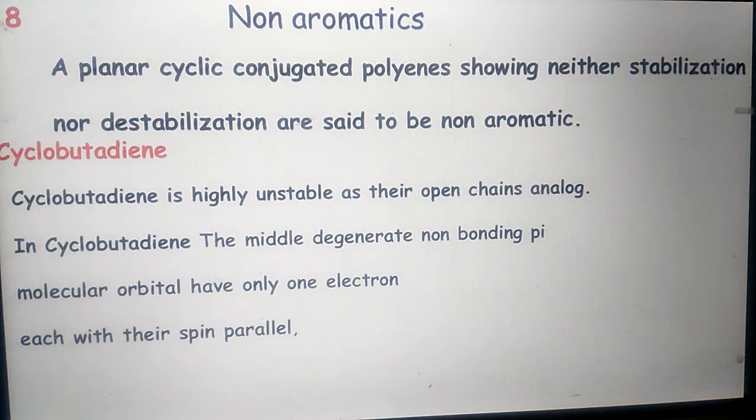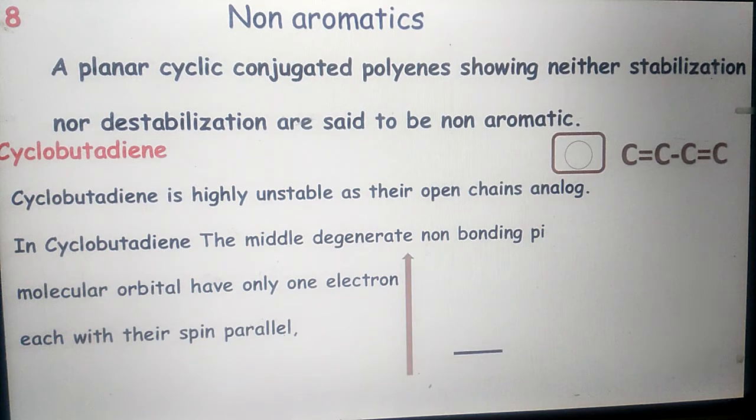Cyclobutadiene is highly unstable as their open chain analogues. The reactivity of cyclobutadiene is same to that of their open chain analogues. In cyclobutadiene, the middle degenerate non-bonding pi molecular orbital have one electron with each, with their spin parallel.